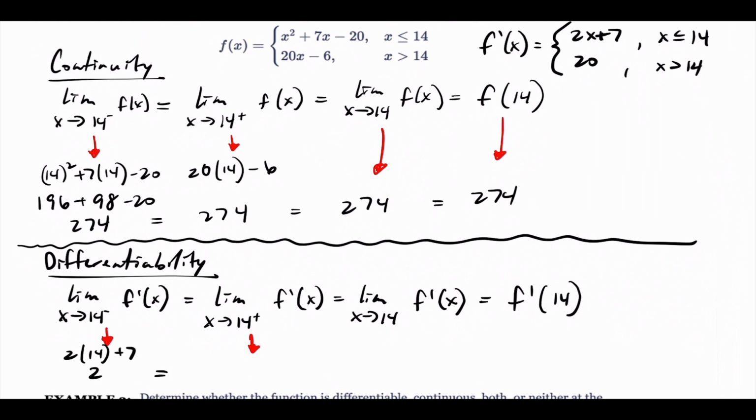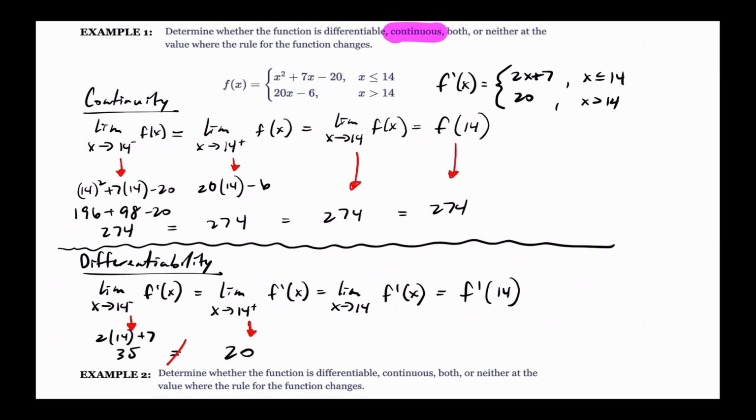So 28 plus 7 is 35. Okay, so 14 from the right, what is that going to be? 20. Those are not equal. I don't have to continue with the rest because for it to be differentiable, it has to be equal across the board, and it's not. So I'm done.